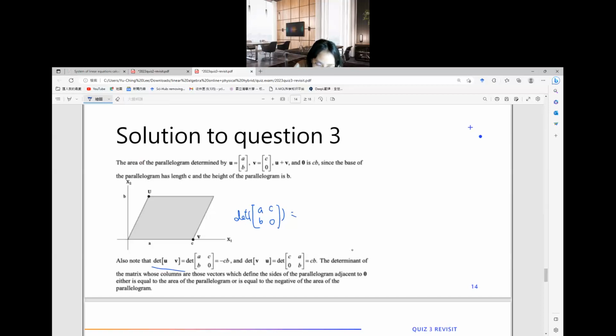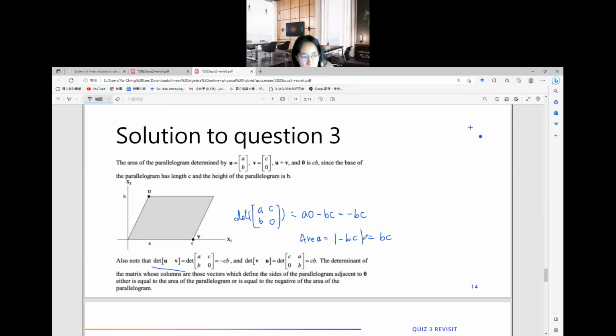So it's a 2 by 2 matrix. The determinant is A times 0 subtract B times C, so that's minus BC. And the area equals the absolute value of this determinant, so that becomes BC. So now you see the importance of taking the absolute value.